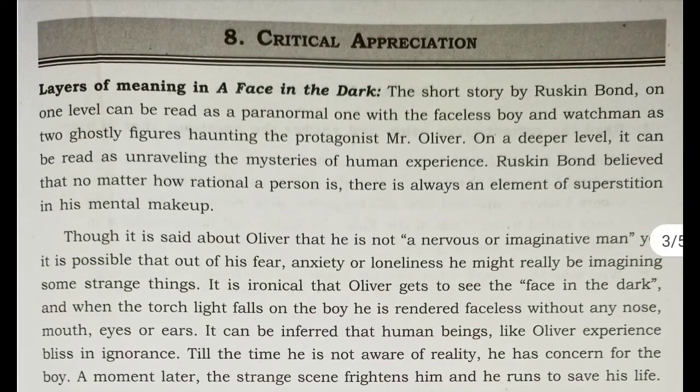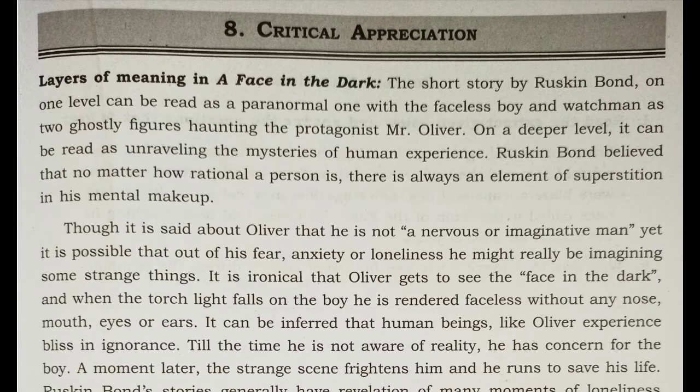Now here we have an excerpt taken from your Treasure Trove workbook, and it is the critical appreciation of the story, Layers of Meaning in A Face in the Dark. This is very important. The short story by Ruskin Bond, on one level, can be read as a paranormal one, with the faceless boy and watchman as two ghostly figures haunting the protagonist, Mr. Oliver. On a deeper level, this is very significant, it can be read as unraveling the mysteries of human experience.